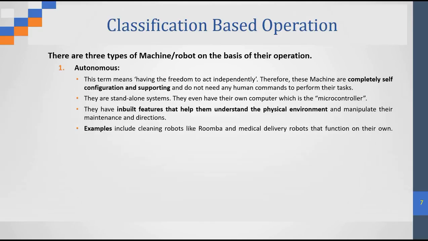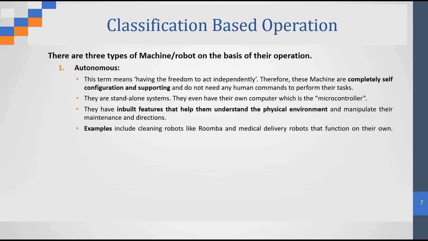Now we go to another topic, which is the classification of devices or systems based on their operations. When I asked you earlier, can you give me an example of an autonomous system? Some of you gave the drone. So if we talk about the drone, is it autonomous or not?